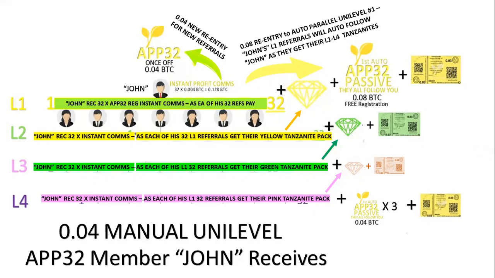And then, of course, when level 4 fills up, you get 3 automatic re-entries into the same uni level, the 0.04 uni level, and all of these 32 people that you add on level 1 with their 32s will follow you into the same uni level. And that's the exciting part.